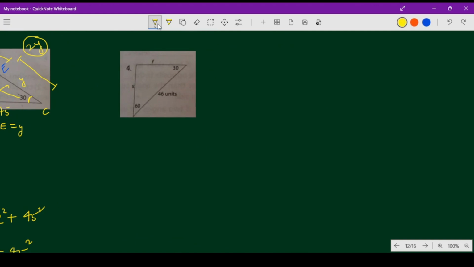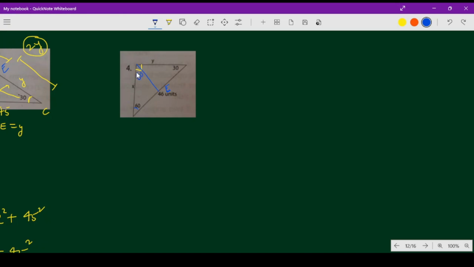In this question we are given hypotenuse equal to 46, this angle 60, this angle 30. It means this is 90 degree. So our aim is to draw a line on the hypotenuse such that, let's say I'm taking this as E, then I have taken this as 60 degree because this angle is equal to 60.